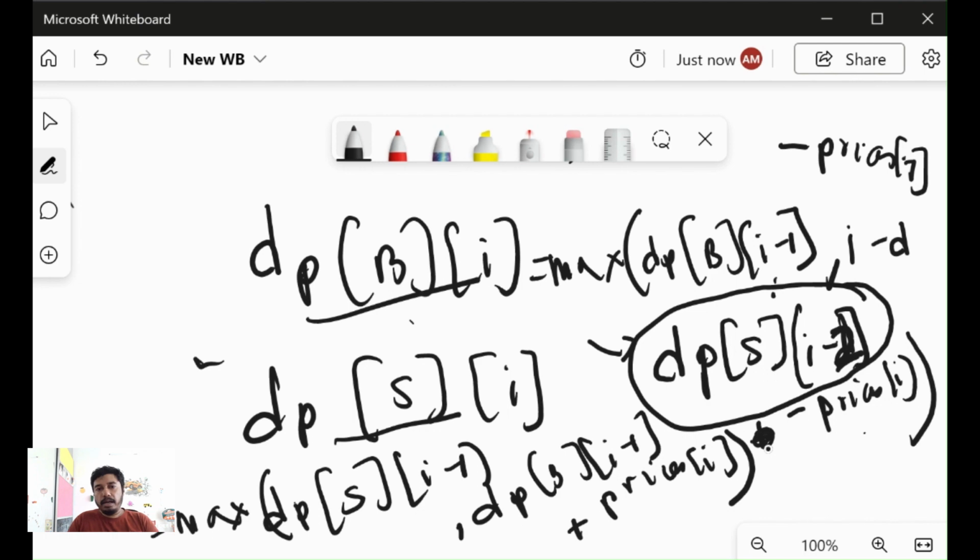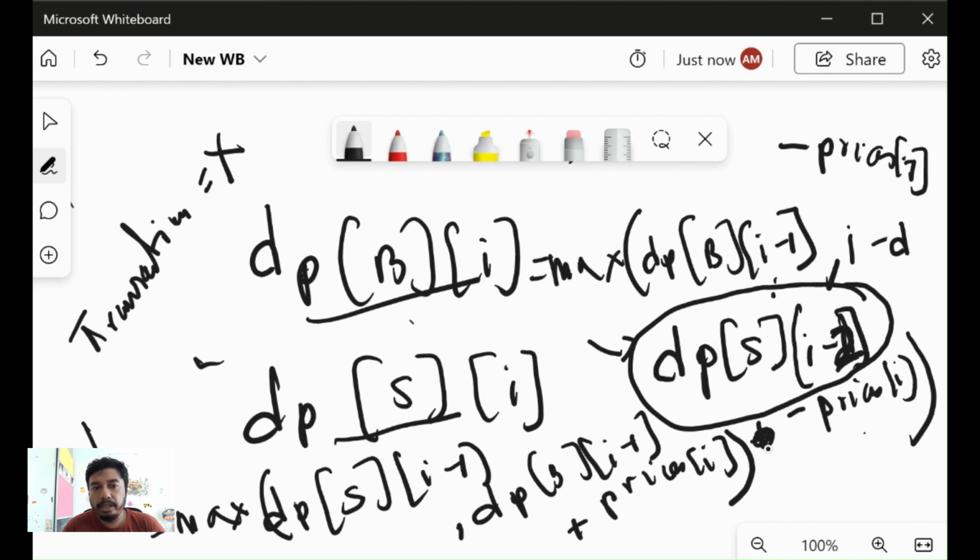Okay, now let's move on to the other constraint, where we have a transaction fee associated with each sell activity. Let's say that I have a transaction fee of some x. Transaction equal to x. This is the transaction fee associated with each sell activity. In that case, how do I update these relations?